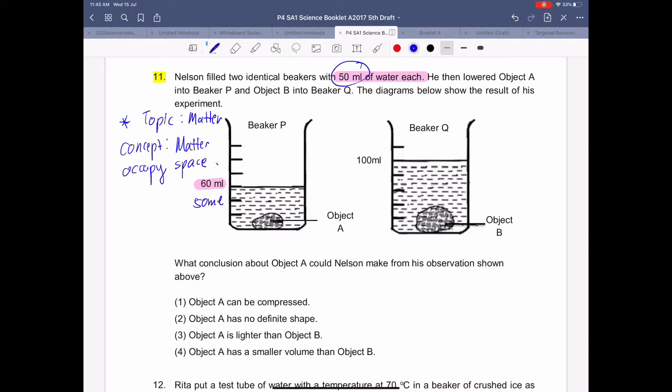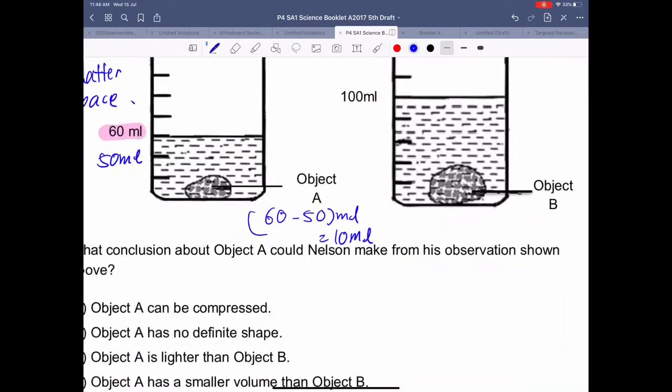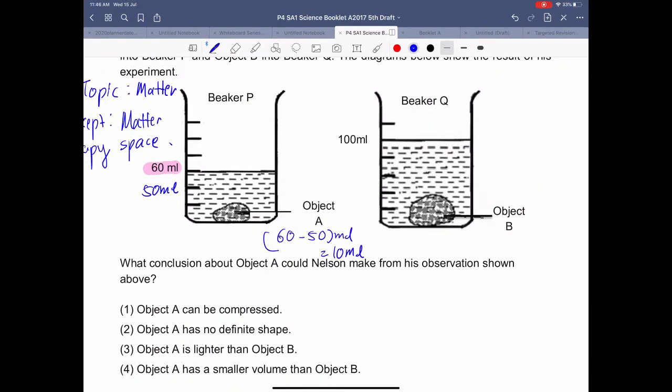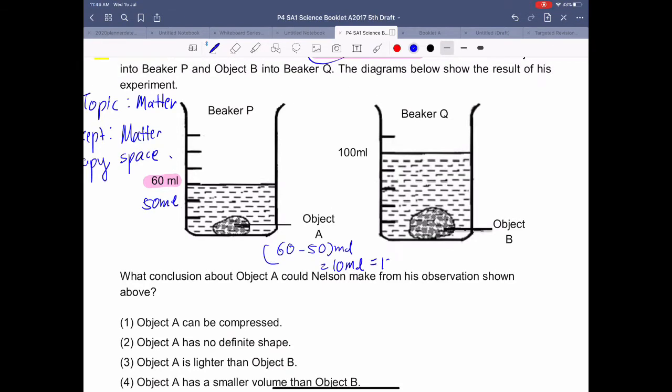So if you want to know what is the volume of object A, you will take 60 minus away 50 ml to give you 10 ml. Now, we don't really use ml for size of object. We use something called cm cube, but it's a 1-to-1 ratio. So it's also equivalent to 10 cm cube.